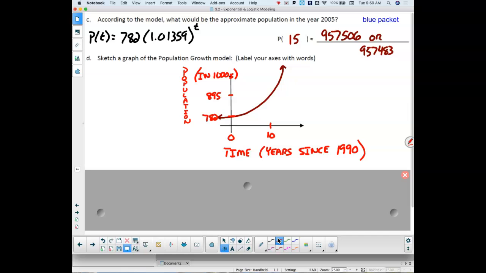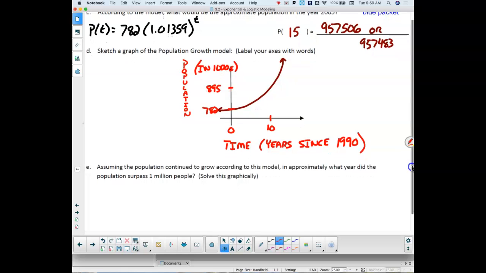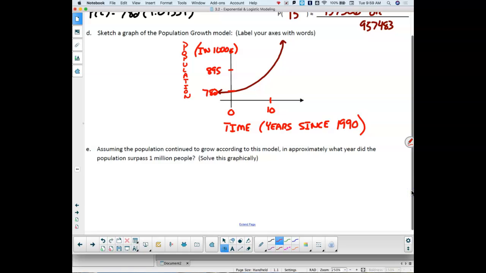Okay. Next question says, using our graph, we want to figure out when the population is going to be 1 million people. It's an Austin Powers thing.